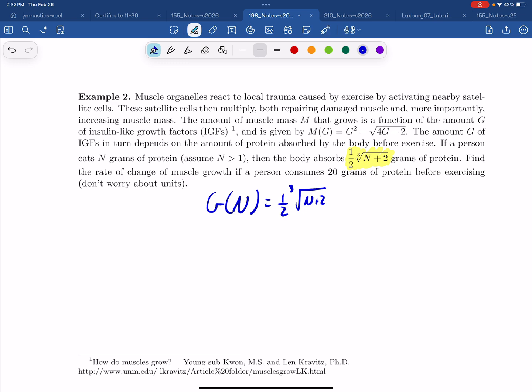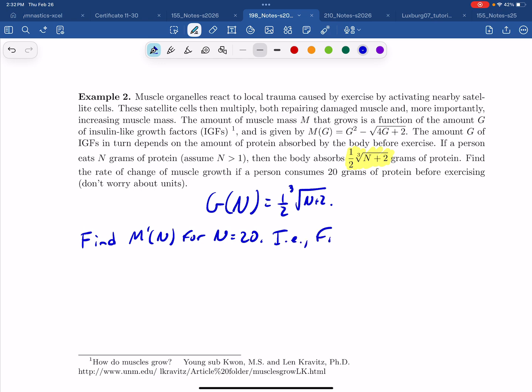Okay. So what we're really saying is find the derivative. I guess what we're really saying is find m prime of n for n equals 20.